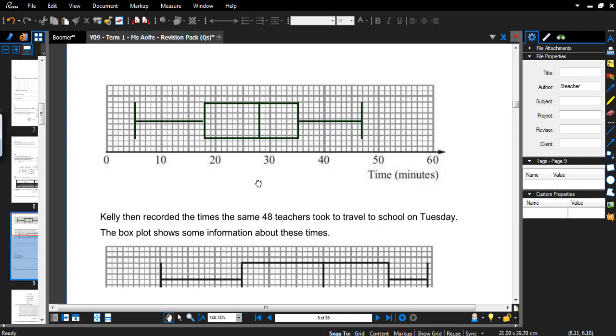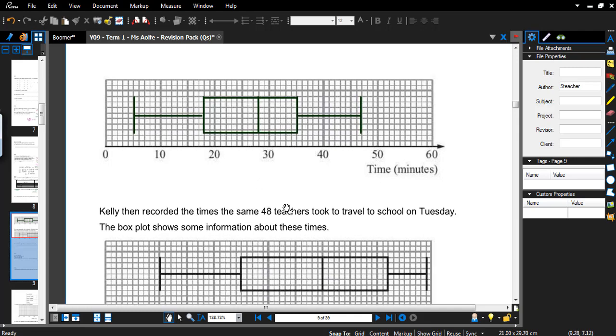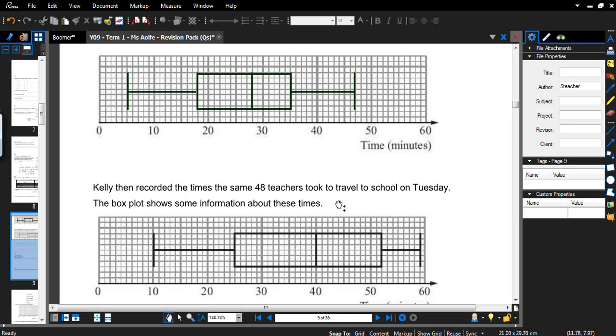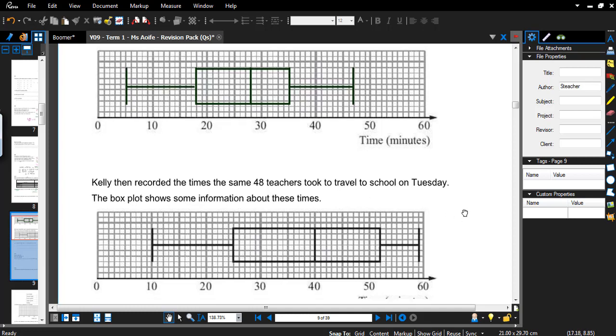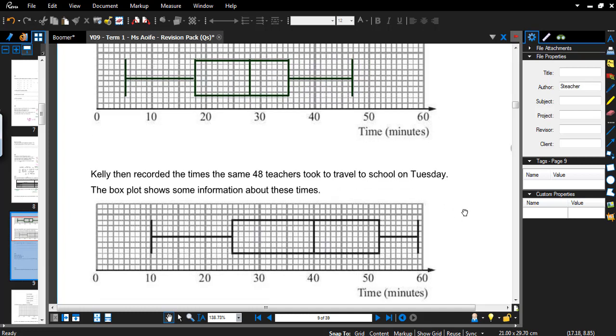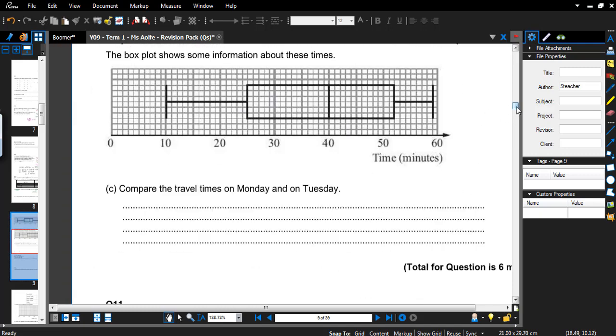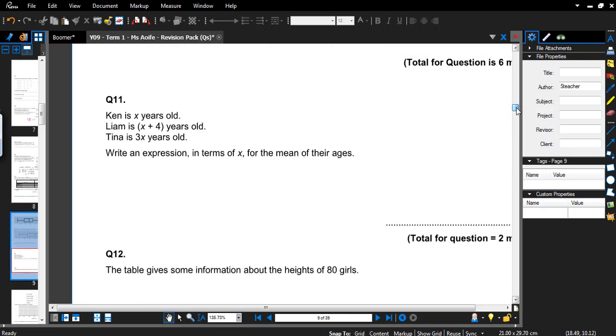Median is lower on the top, on Monday. That means the average time taken on a Monday is less. And the interquartile range is way bigger on the Tuesday. That means the spread of data for time taken is greater on Tuesday.